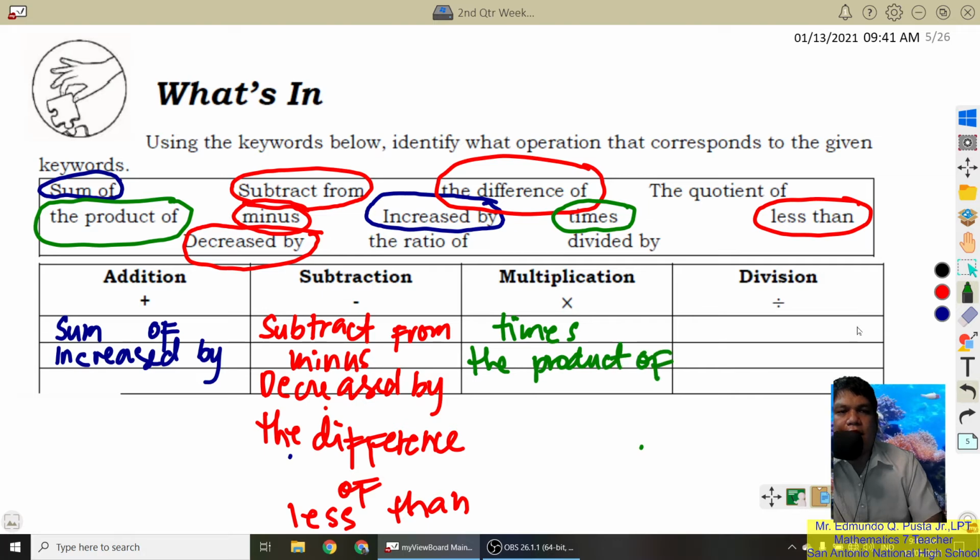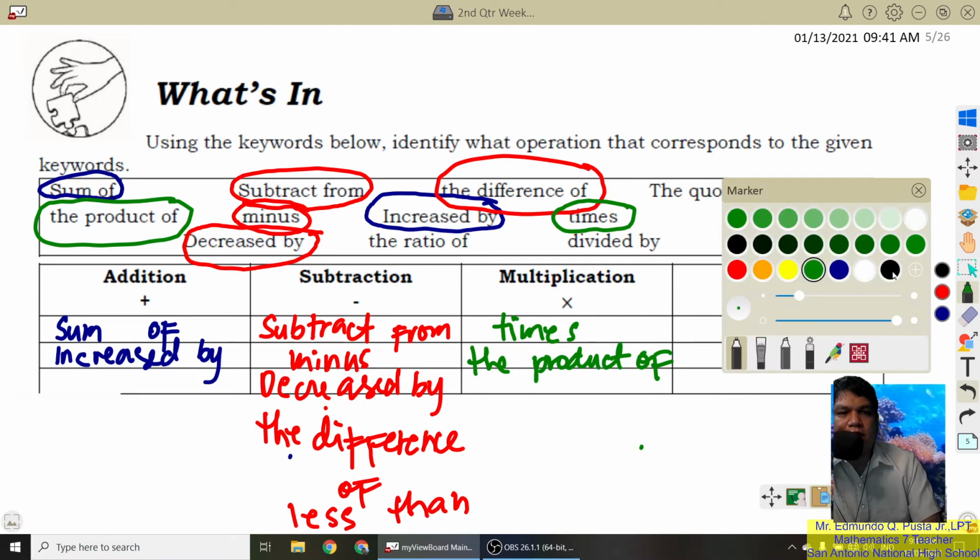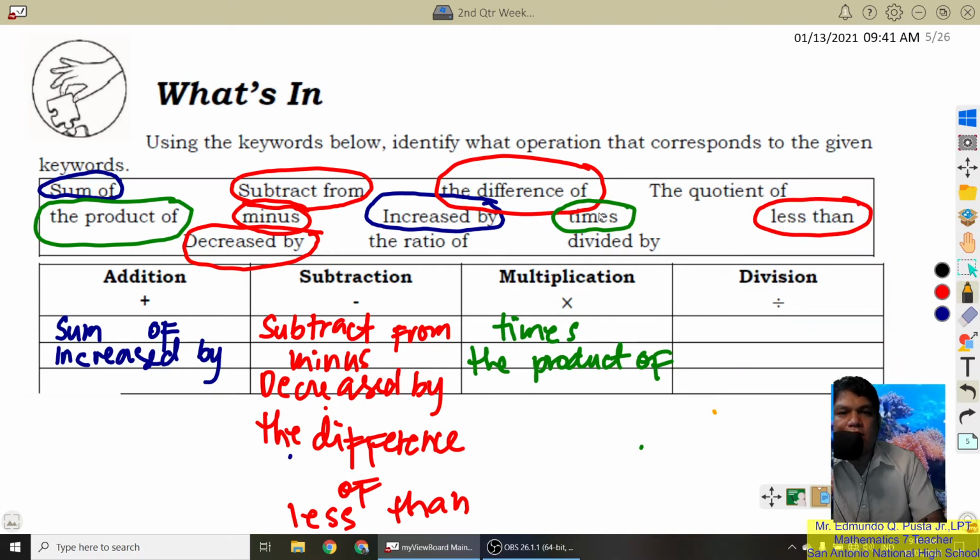While sa division naman, syempre yung mga natira, no? So, ano-ano ba yung mga natira? Ayan. So, we have the quotient of, the ratio of, and divided by.